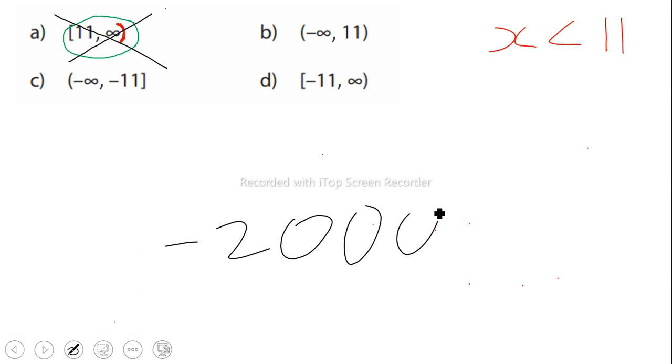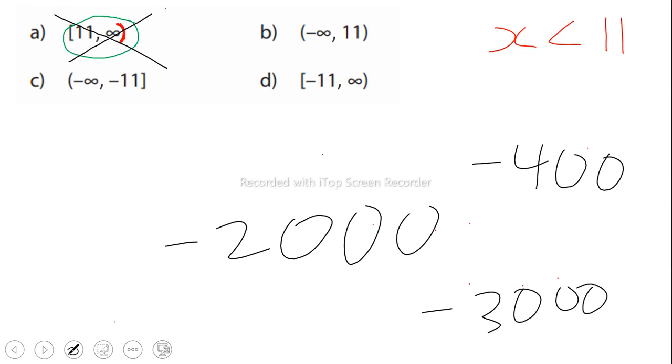Well, I could find a number smaller than that. We can say negative 3,000, right? And if you say, okay, Mr. Petit, that definitely has to be the smallest number, no, I could find a smaller number than that. Negative 4,000. That's smaller than negative 3,000, right? So we could always get smaller.